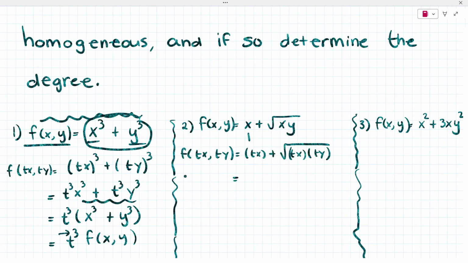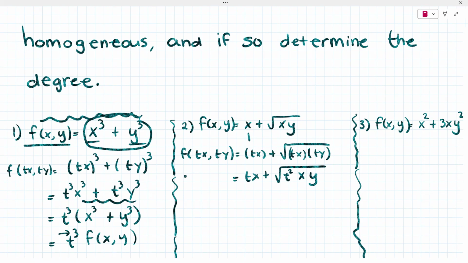So that's going to be t of x plus the square root of, well, inside, what can you multiply the t's and the t's? So that's t squared. And then you have this x and this y, right? So is there anything else we could do or simplify? Yes.